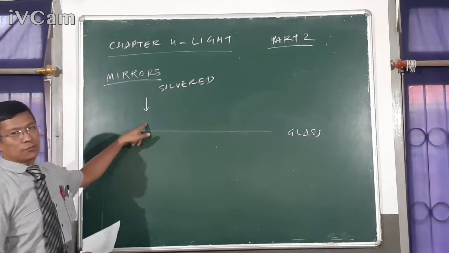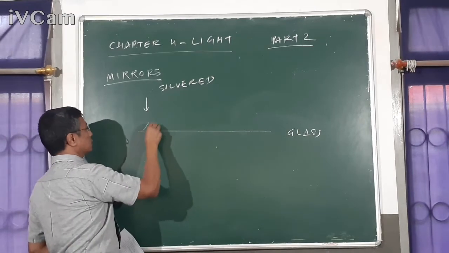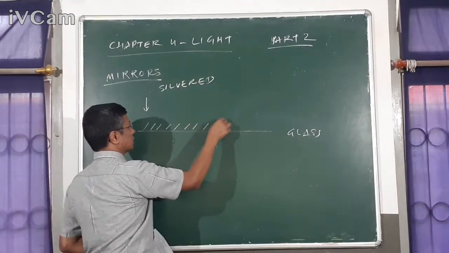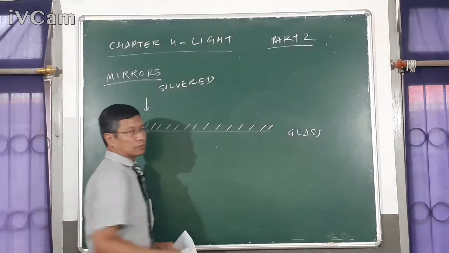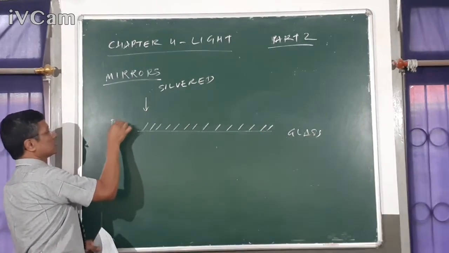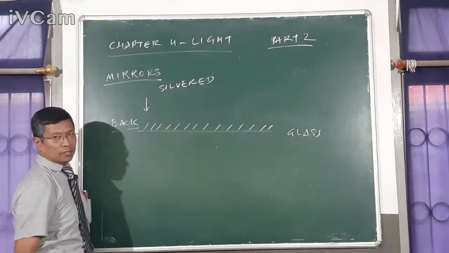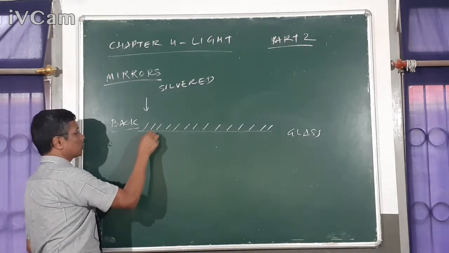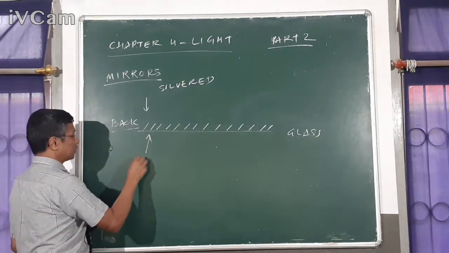Let's say the top surface is silvered, then this hash line that I am using here represents the silvering surface. So this portion becomes the back of the mirror, and this side of the glass becomes the reflecting side.